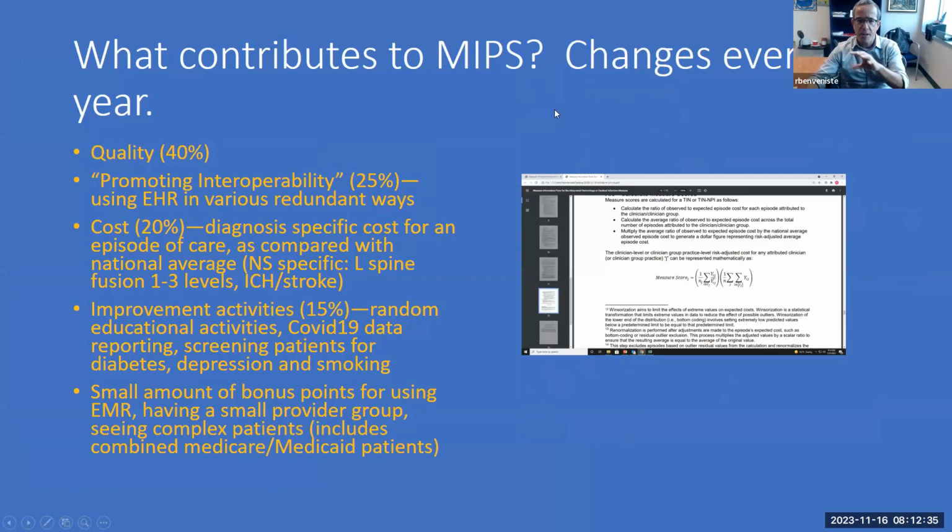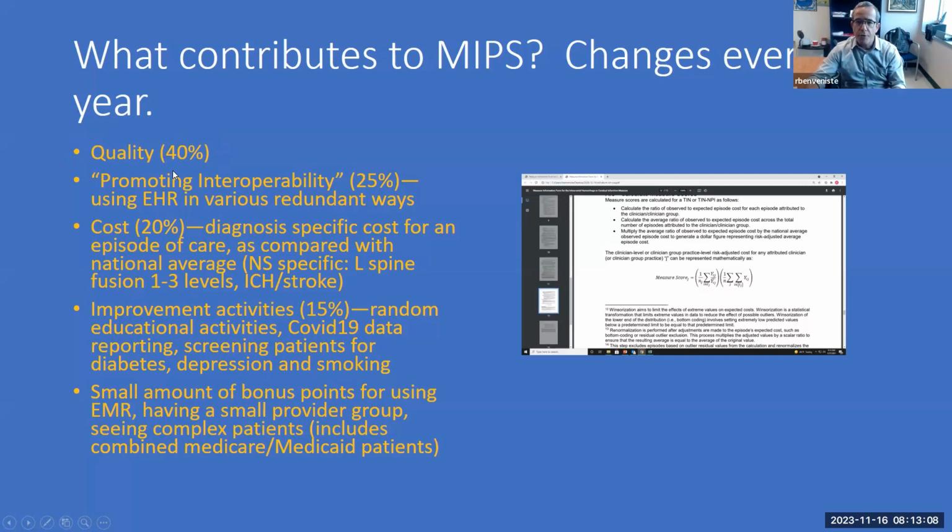I think it went up to 9% and then stayed there about a year ago. There's a whole bunch of different things that go into MIPS, using the electronic health record, cost, what hospitals bill for particular procedures or diagnoses, kind of like random educational activities, bonus points for seeing complex patients. That's a good thing. But 40% of these Medicare quality-based payments is based on quality of care.